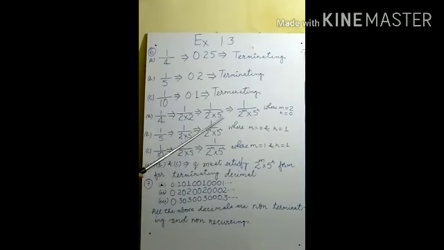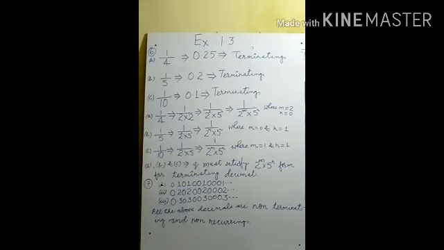This is in the form of 1 upon 2 to the power m multiplied by 5 to the power n. What is the value of m here? The value of m is 2, the value of n is 0. So this is expressed in the form of 1 upon 2 to the power m multiplied by 5 to the power n, where the value of m is 2 and the value of n is 0.